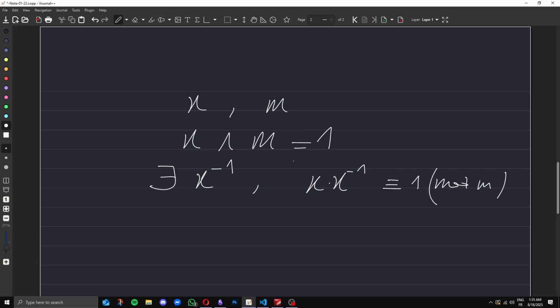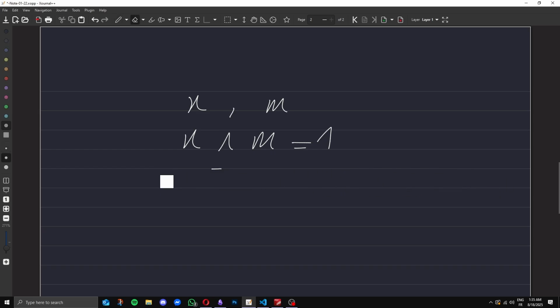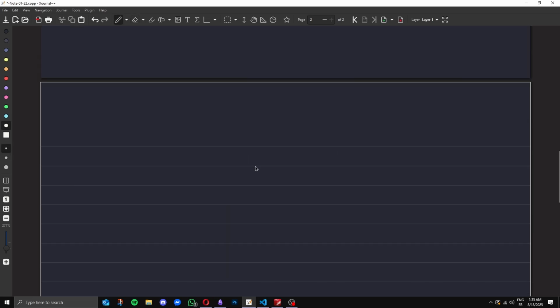So it's essentially like division for modular arithmetic, but it's not really division because we don't do that in modular arithmetic. Again, if you want more detail about this, I've put a great link in the description about modular inverses. You should really check that out.